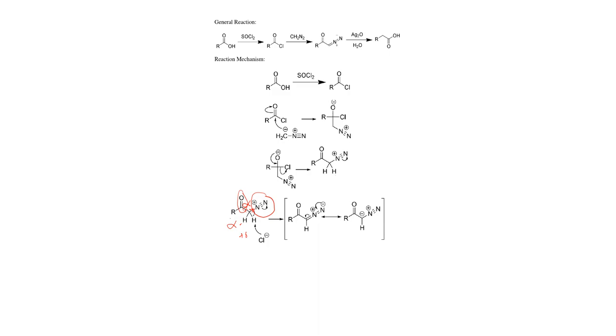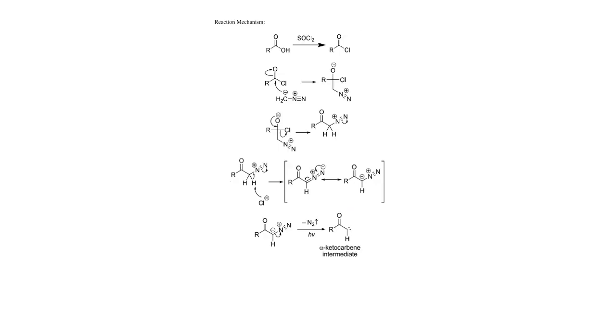This chloride will abstract this alpha hydrogen atom, and the negative charge will be formed on this carbon atom, as you can see here. Now when this negative charge forms a bond with this nitrogen atom, the bond will break toward nitrogen, and nitrogen will get negative charge. As you can see here, nitrogen becomes negatively charged and the central nitrogen atom becomes positively charged, so it resonates like this.